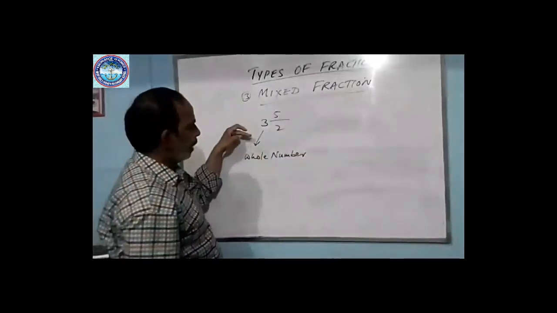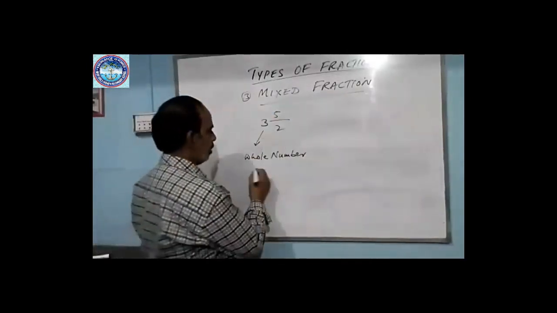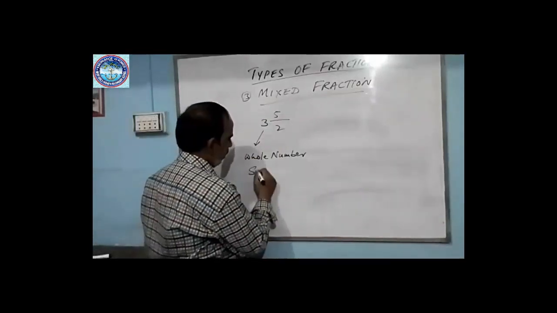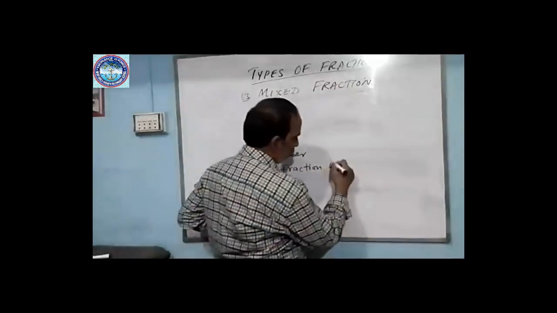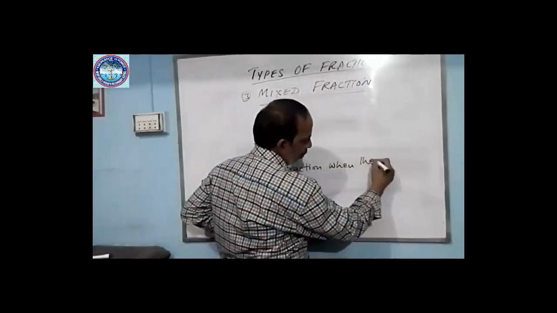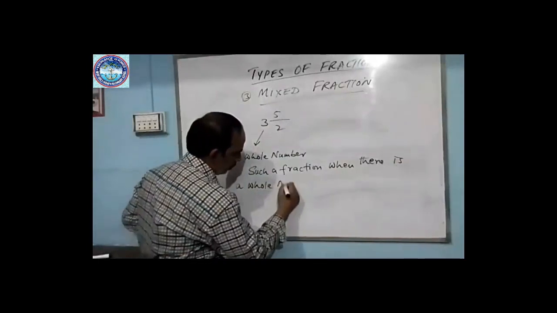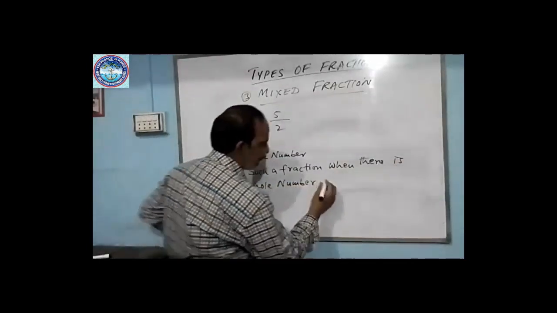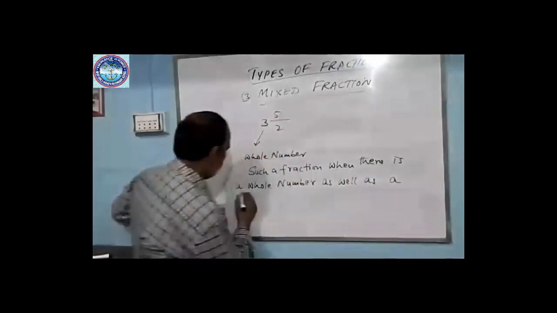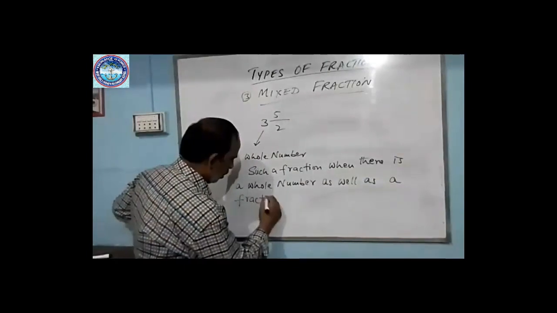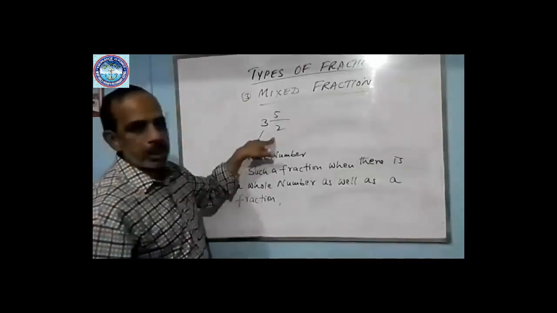Clear? So when the fraction is in this form, that is 3 whole 5 upon 2, when there is a whole number as well as a fraction, such a fraction is called the mixed fraction, right?